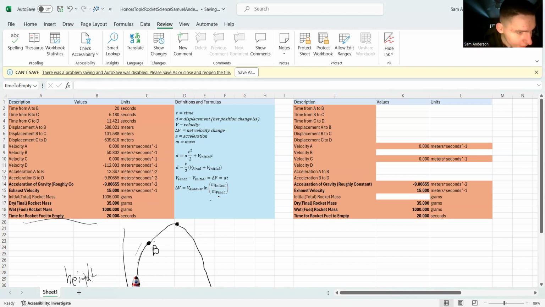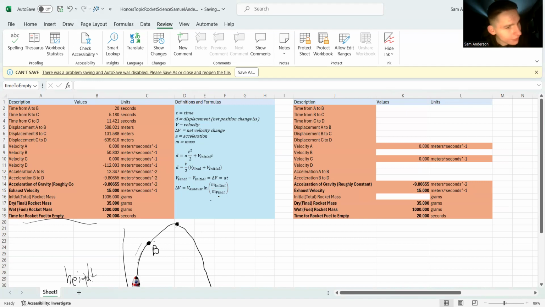If you notice, the bold values have to do with rocket specifications and also the acceleration of gravity, which for some reason on Earth is kind of important, it affects everything, right? Negative 9.8 something meters per second squared. I am treating this as a constant.